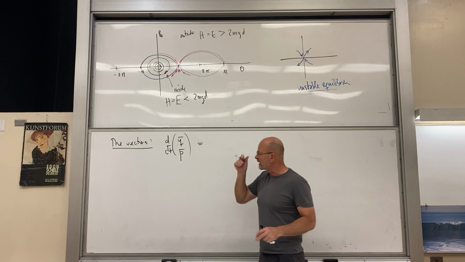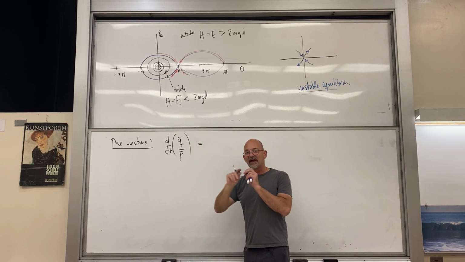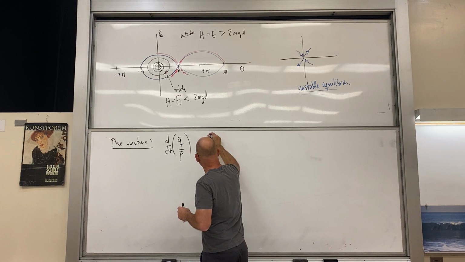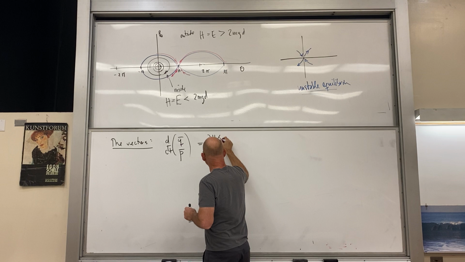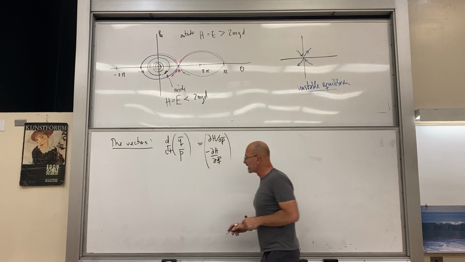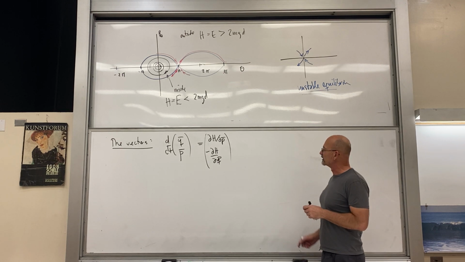When I say velocity, I mean the motion of the vector QP, the endpoint of that 2n dimensional vector in phase space. And that was your dH/dP on the one hand, your minus dH/dQ on the other. So 2n dimensional phase space, vectors in the 2n dimensional phase space.